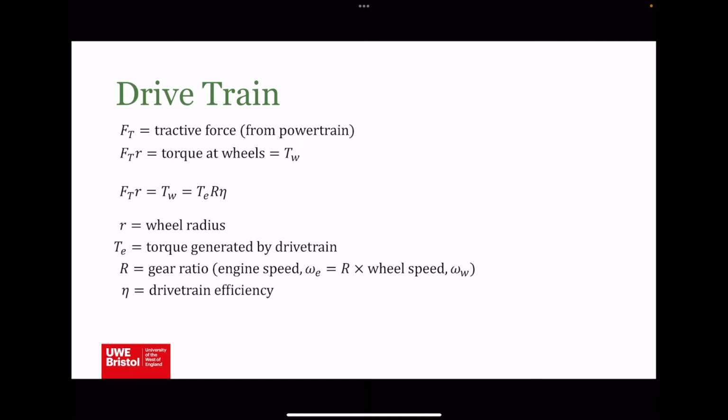That symbol, mu, is the drivetrain efficiency. You can start to combine these together, so taking this bit and dividing by the wheel radius, you get the tractive force as a function of the torque of the engine and the gear ratio.